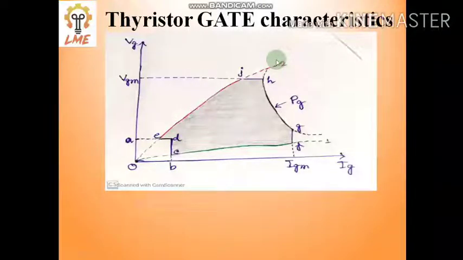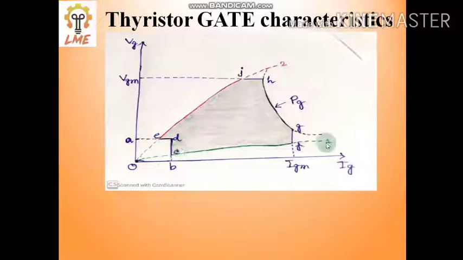In line number 2, we try to minimize the value of current and maximize the value of voltage at the gate terminal. That means we increase the voltage while keeping the current constant, as minimum as possible. Then we get a line like 2.